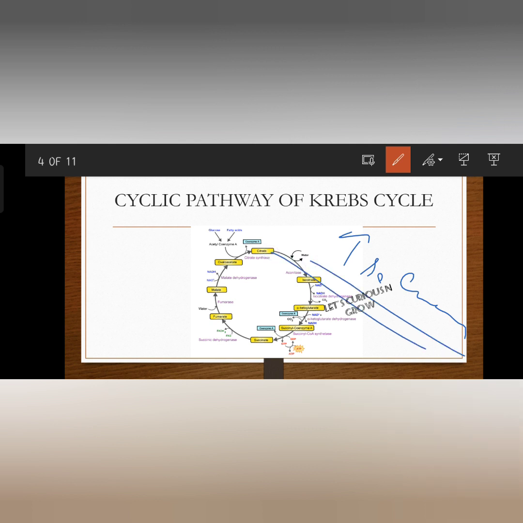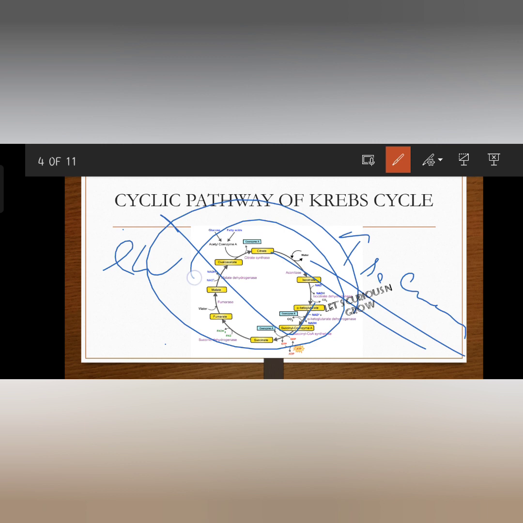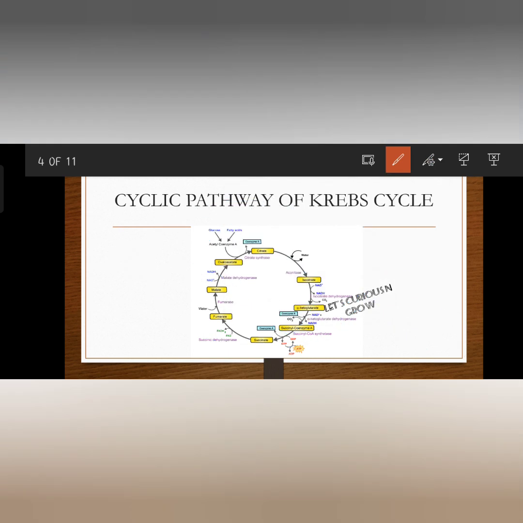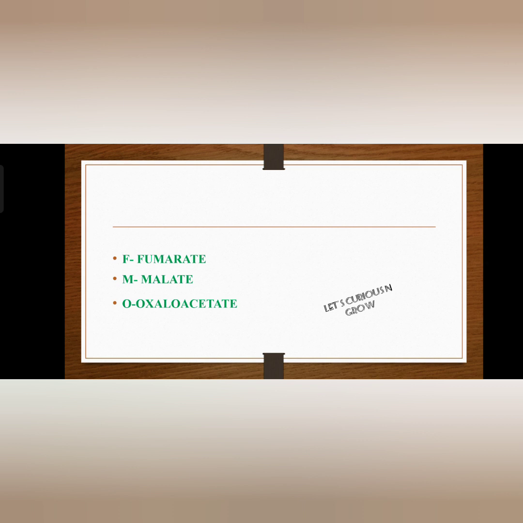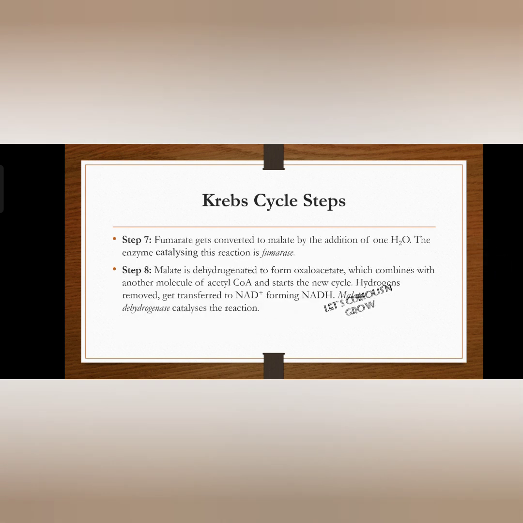ATP is the energy currency of the cell, because energy is most important for this cyclic pathway. If energy is not there, the whole pathway will never be completed in a well maintained form.